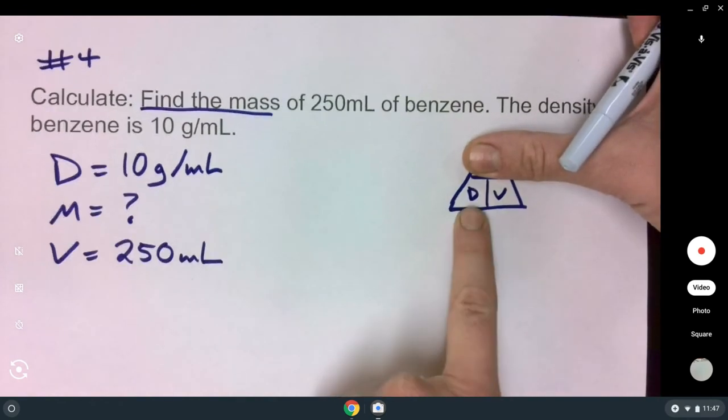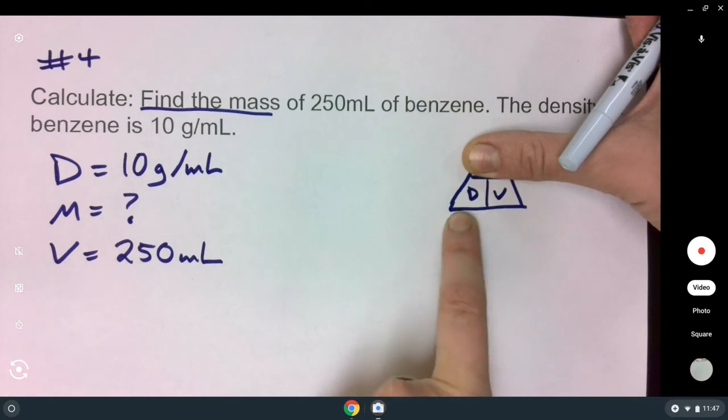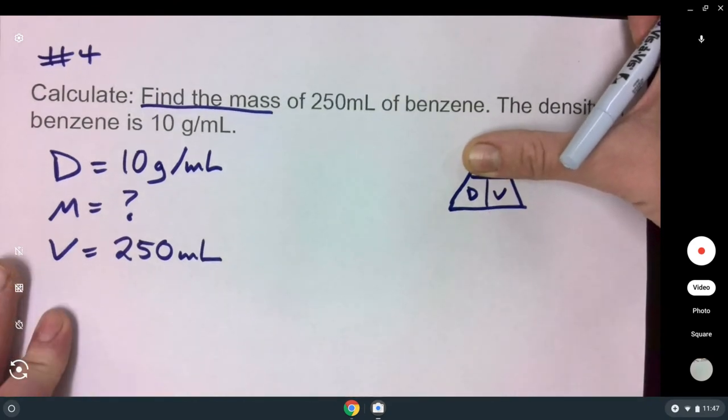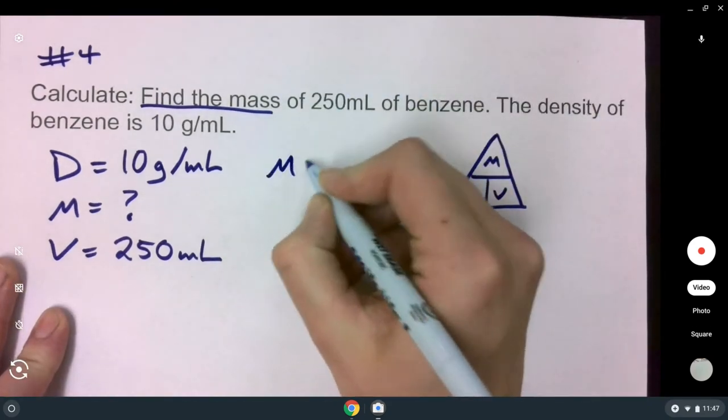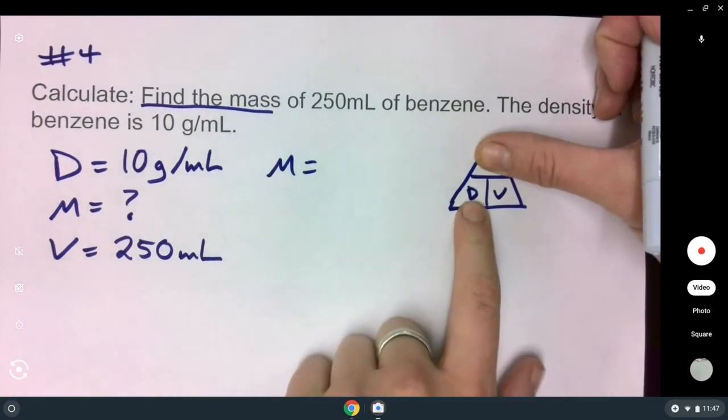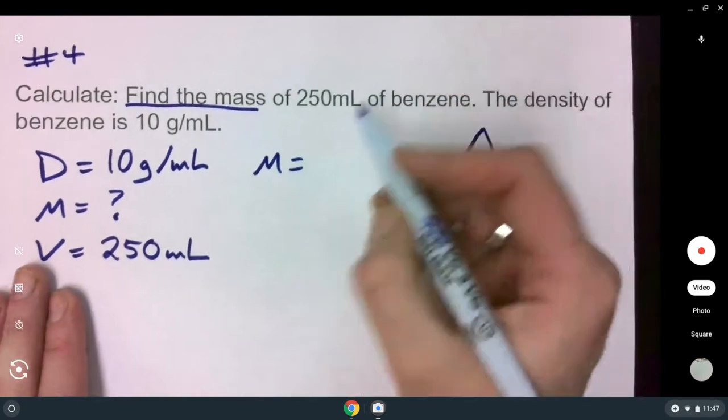But since these two are next to each other, that means multiply. So mass equals density times volume.